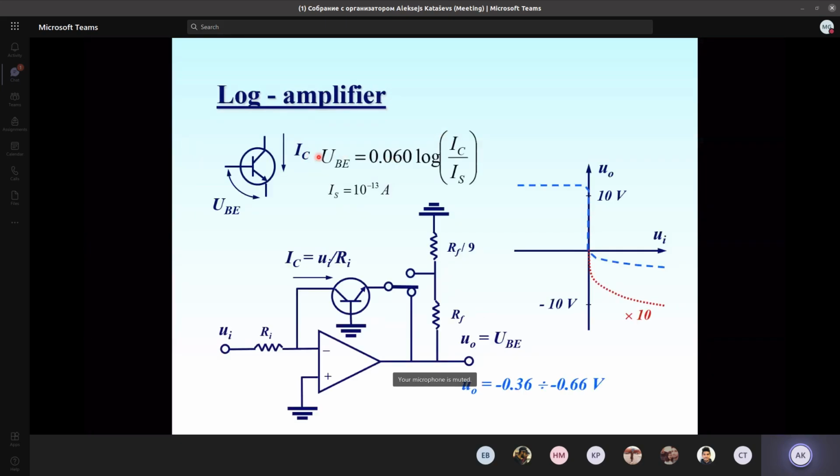Let's see that the voltage between base and emitter is proportional to the log of IC. So let's write down.